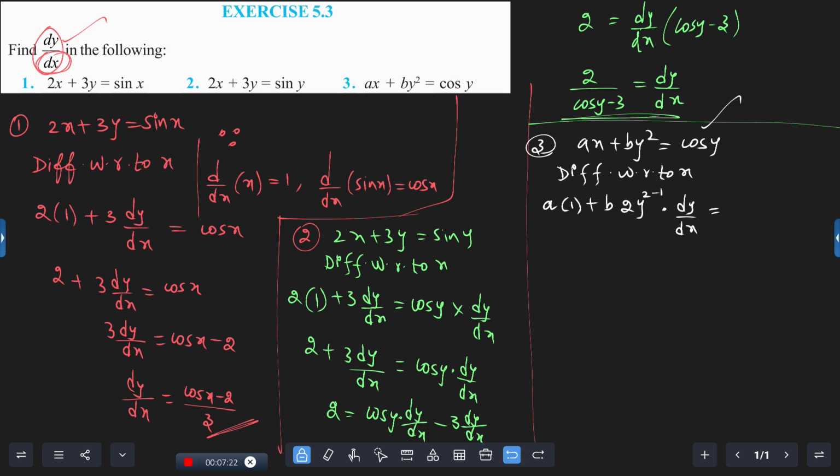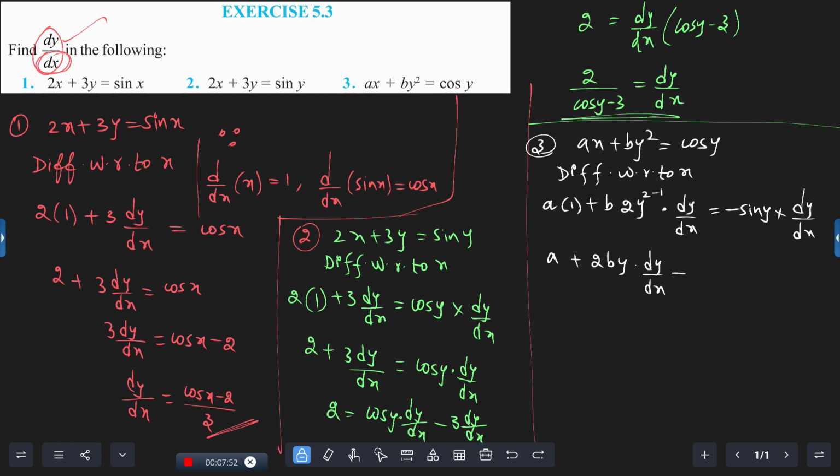What about cos derivative? Cos derivative is minus sine y, into, listen, cos derivative only minus sine y. What about the angle y derivative? Dy by dx. There you must be very careful. Understand? Now what am I getting? The a is there. Then a plus 2 times b y power 2 minus 1 into dy divided by dx.